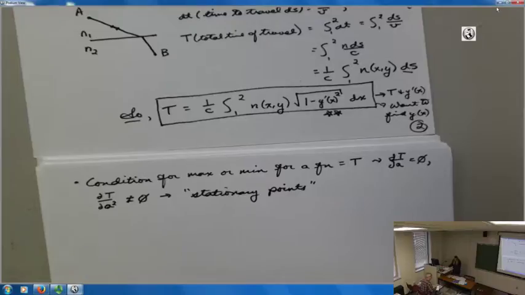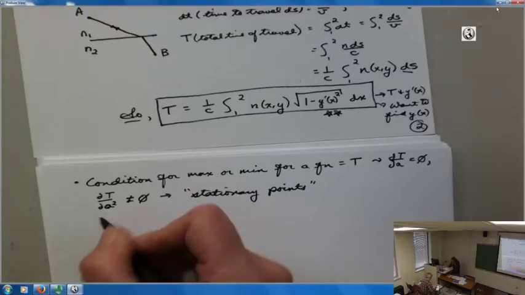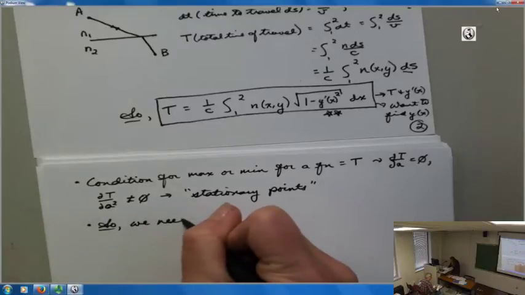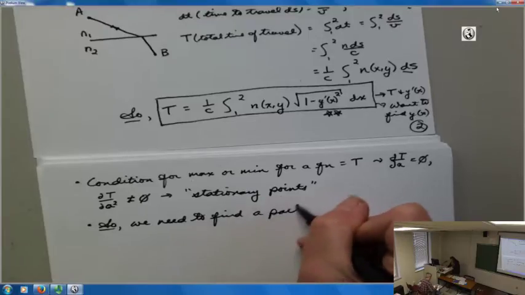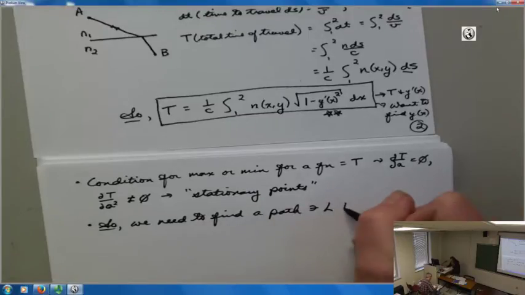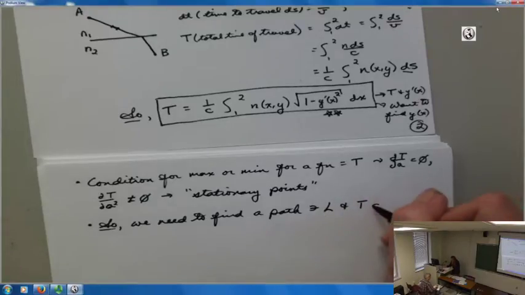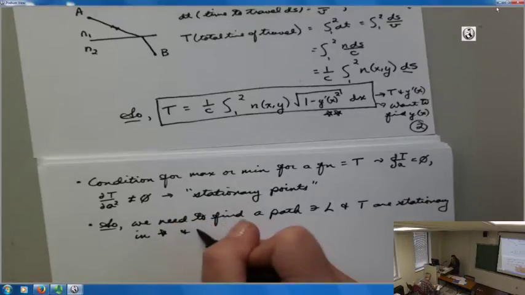All right. So what we need to do is find a path such that L and T are stationary, and I mean that respectively, in our expressions for them, in star and in double star.